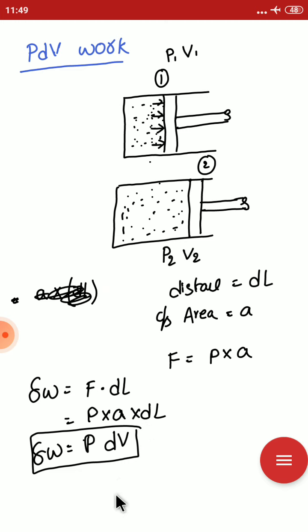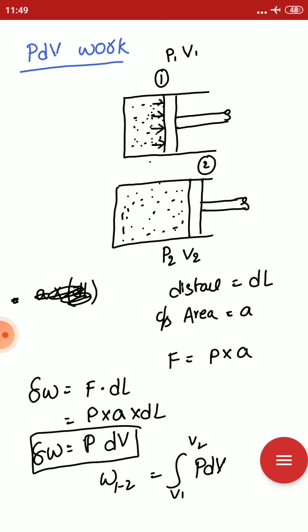When the piston moves out from position 1 to position 2 with the volume changing from V1 to V2, the amount of work W done by it is written as the integral from 1 to 2, V1 to V2, of P dV.